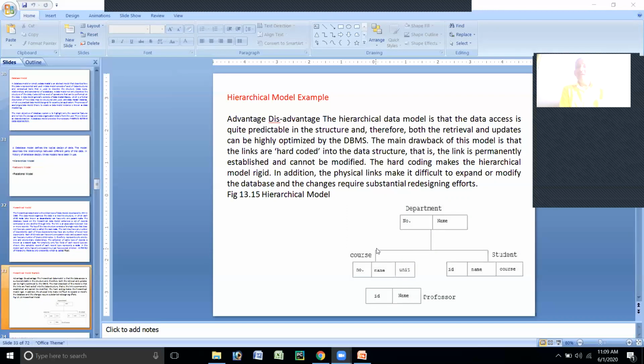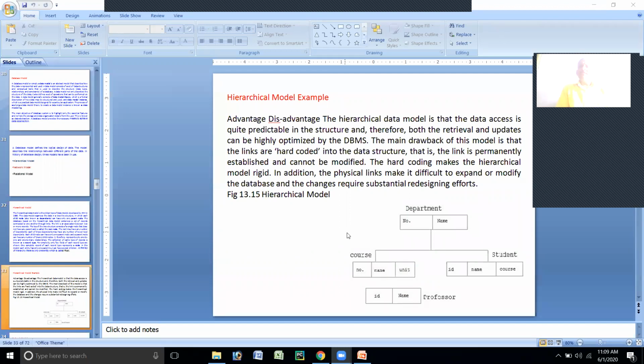In the hierarchical model, data access is predictable because we know the tree structure. How many parents are there, how many children are there, which is the root node, which is the leaf node, everything we know. It means it is predictable. Therefore, both retrieval and update can be highly optimized by the DBMS.